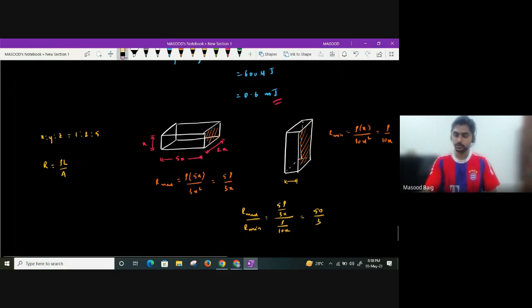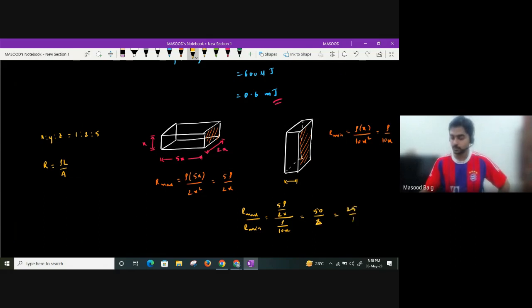This is 2x square only, no? 2x into x is 2x square. So you'll get it as 50 divided by 2, which turns out to be 25:1.